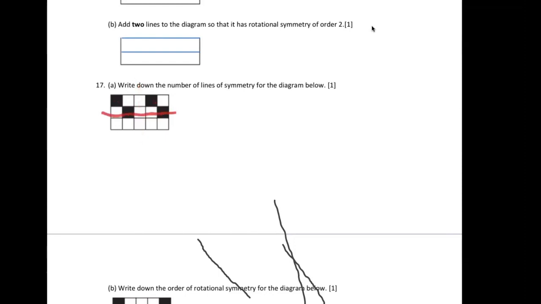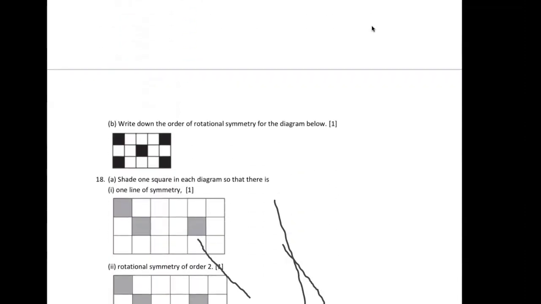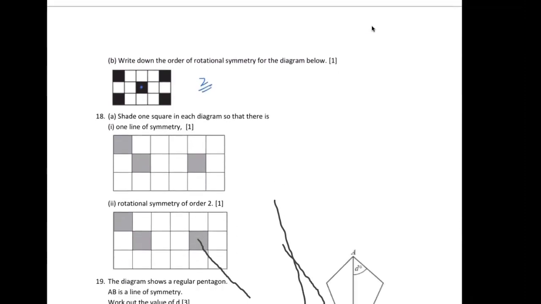If you pass a line like this, these squares don't overlap. The black ones have to overlap the black ones, so there is no line of symmetry. Write down the order of rotational symmetry for the diagram below. This will have an order of rotational symmetry of 2. Good.